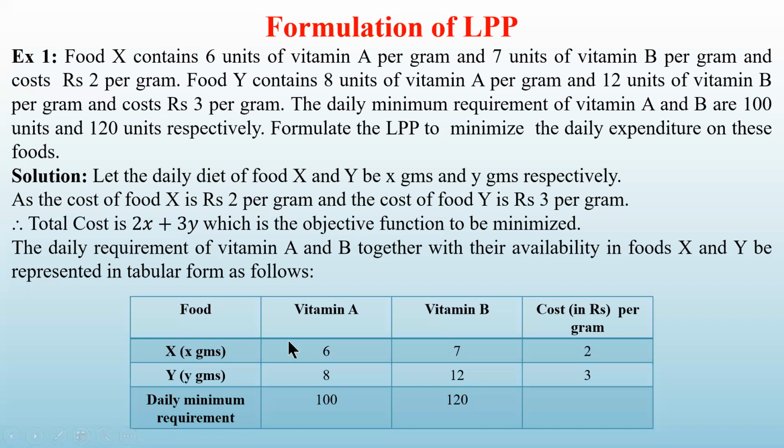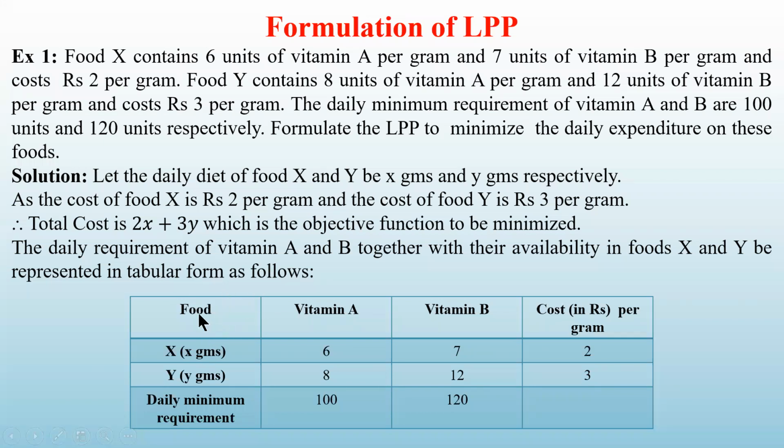Now, what am I going to do first? I'm going to make a table like this, because if the data is in table form, it is very convenient for us to read. So in the first column, I will write the food.